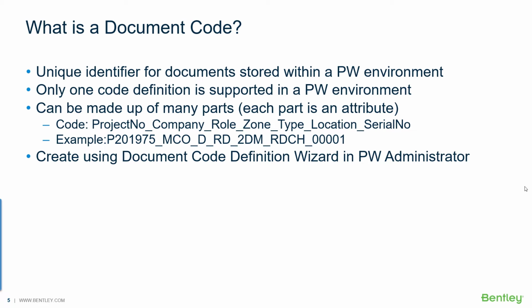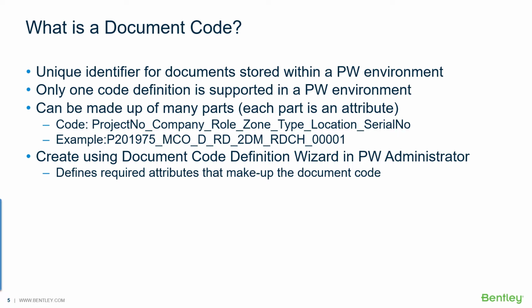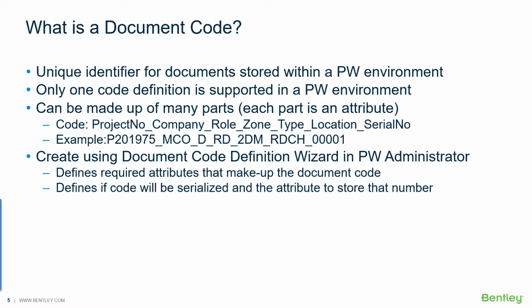To create a document code in ProjectWise, you must use the Document Code Definition Wizard in ProjectWise Administrator. This wizard defines the required attributes that make up the document code, defines if the code will be serialized, meaning an auto-generated serial number will be appended, and the attribute to store that number.